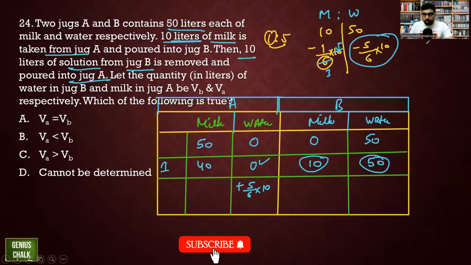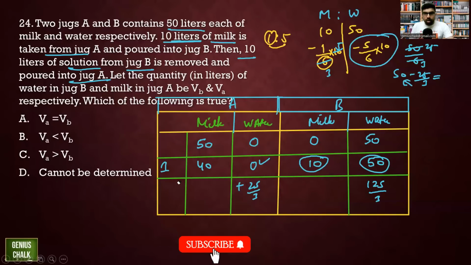So it will be 50 minus 25 by 3, 150 minus 25, so 125 by 3. This is what we are left, right? And here it is 50 by 6. So I can write 50 by 6 means 25 by 3, which will be coming in water, right?